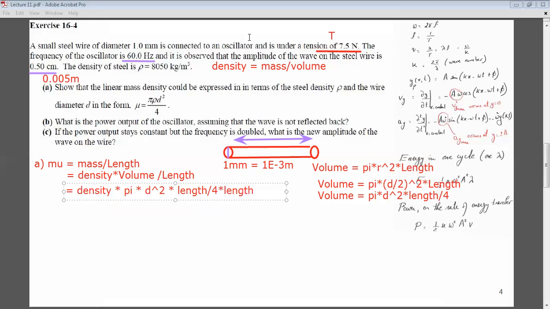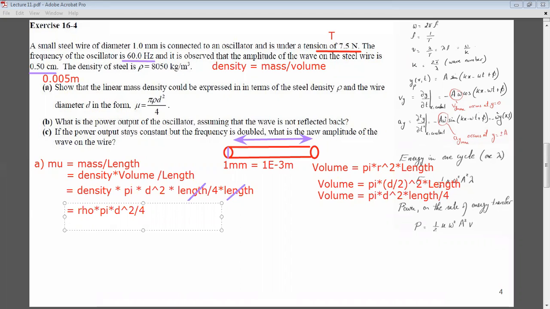Okay, now what will happen is that this length will cancel this length, and I will have this equal to density rho times pi times d squared over 4, and this is exactly what I have here, pi rho d squared over 4. So I proved part A.